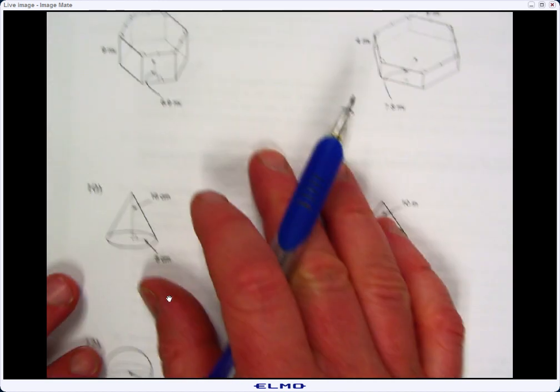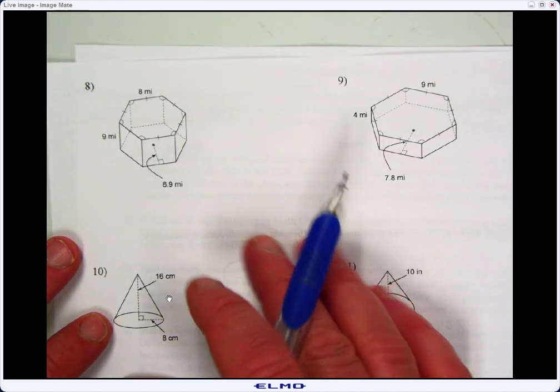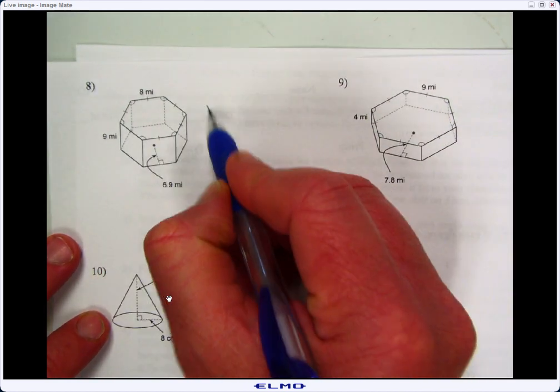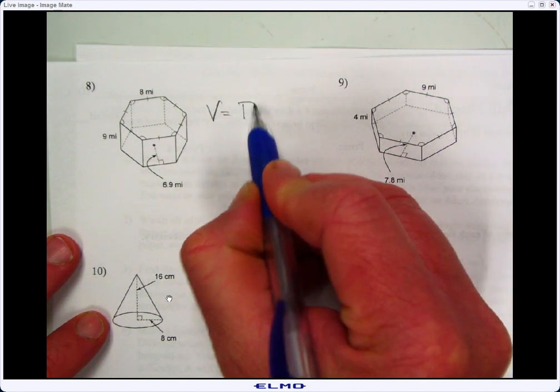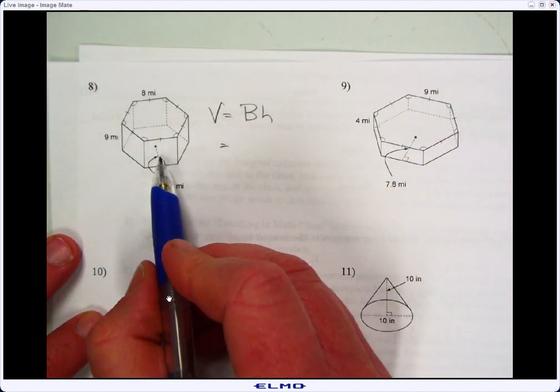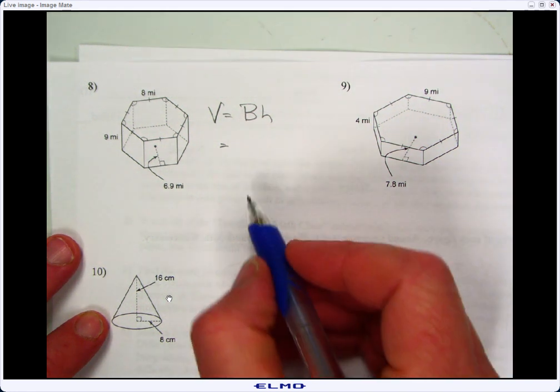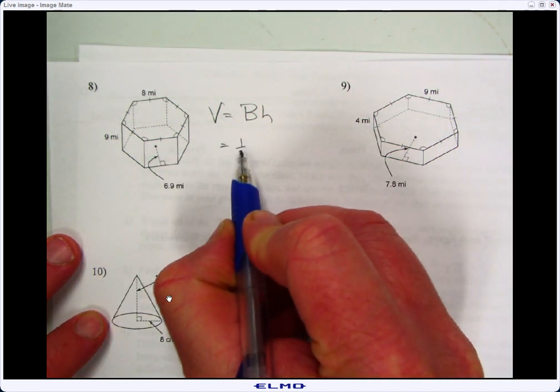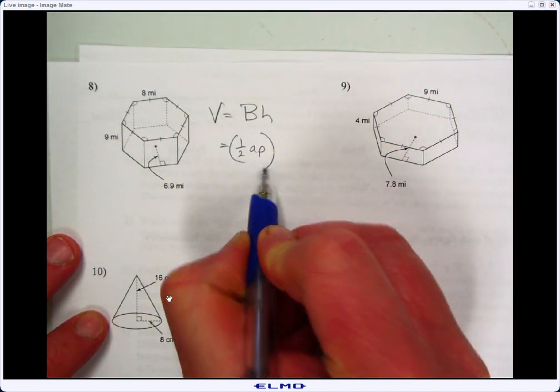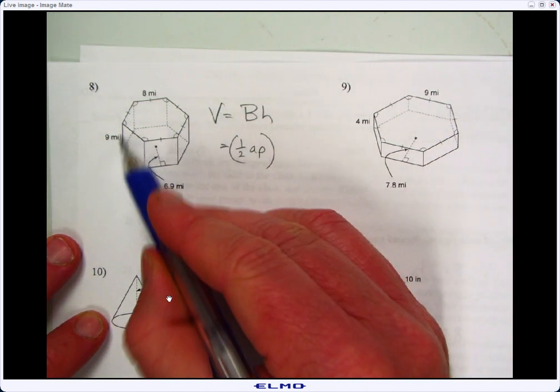Oh, now we get to the good stuff. But if you've been doing this the same, you just say this is a prism. Volume equals area of the base times the height. The base is a regular hexagon. So 1/2 AP times my height.